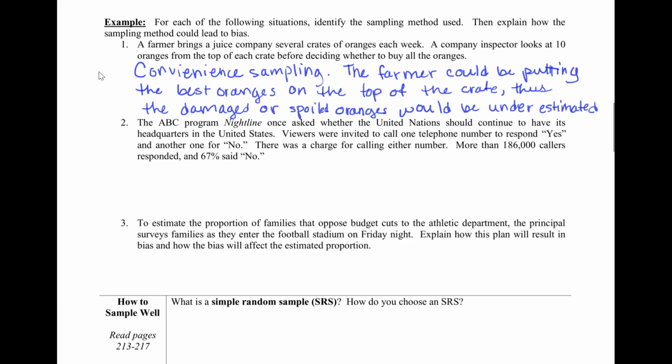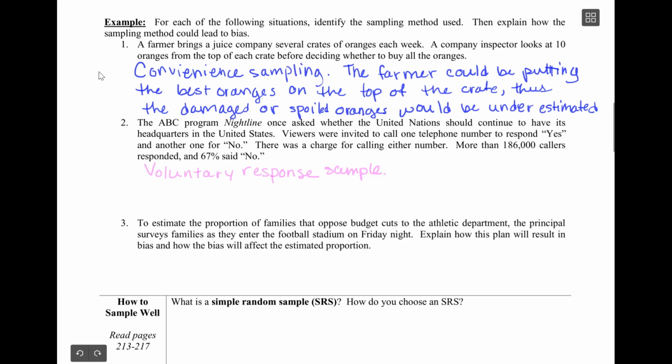More than 186,000 callers responded and 67% said no. So for this one, it's definitely a voluntary response sample, because people had to call in themselves. They were not approached.